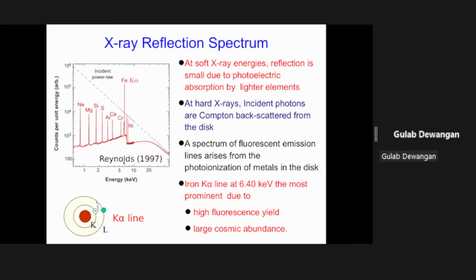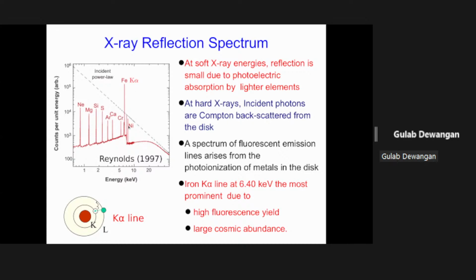In this figure, this is generated from simulations. What is assumed is that the X-ray power law, without any cutoff, illuminates a semi-infinite accretion disk, and then there is photoelectric absorption, followed by fluorescent transition from L to K shell and generation of this iron K alpha line.